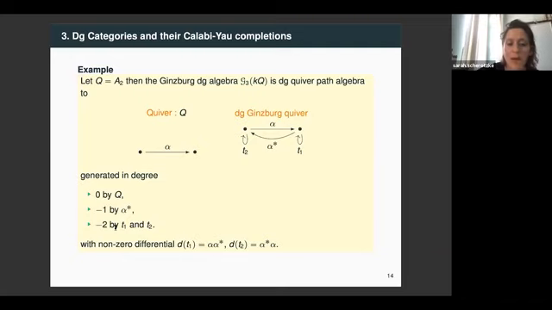And we have generators in degree -2, which are the loops that I have added in every vertex. And because we chose W to be equal to 0, there are only two non-zero differentials on the generators, on T1 and on T2. So that's an example of what the Ginzburg DG algebra looks like for A2.